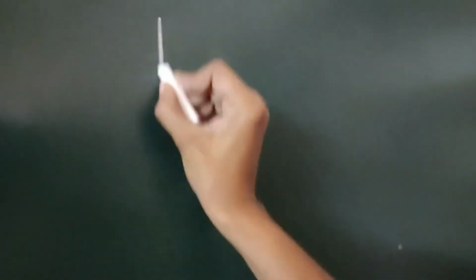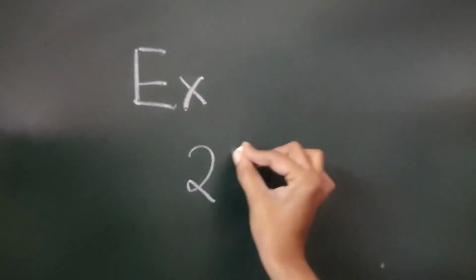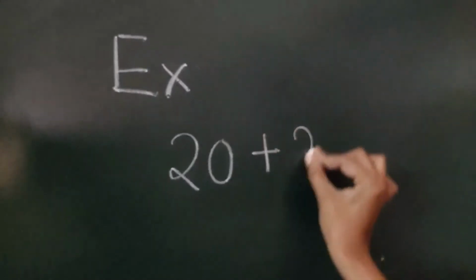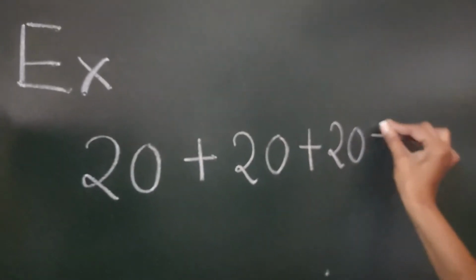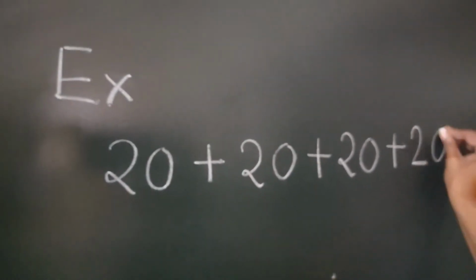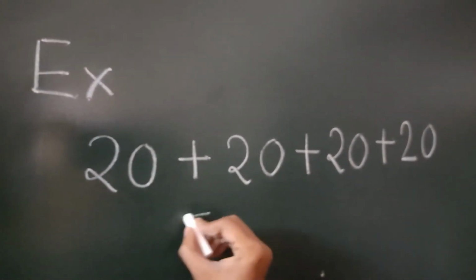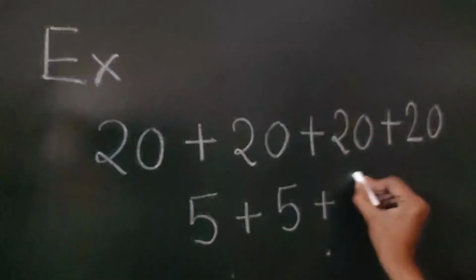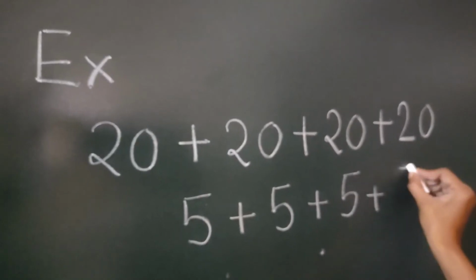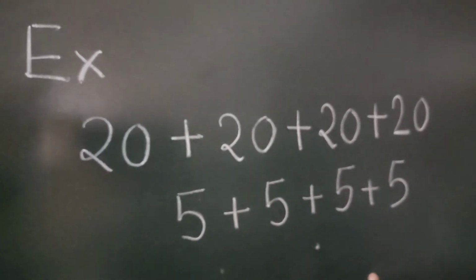For example, 20 rupees, 4 notes and 5 rupees, 4 notes is equal to 100 rupees.